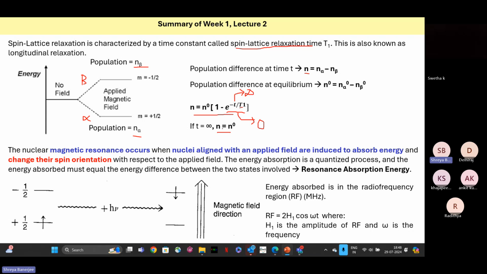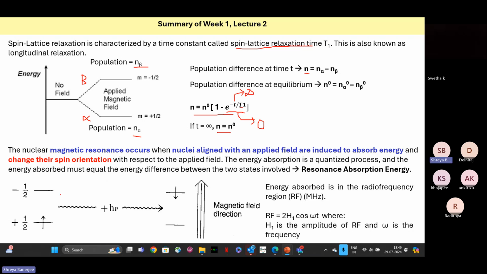So in order to reach equilibrium population, theoretically it takes infinite time. And using this equation, we can find the population difference at any time t, as long as we know the spin lattice relaxation time.